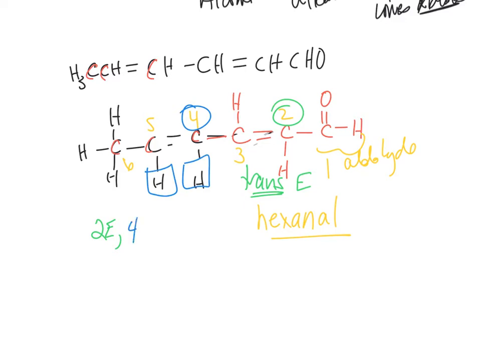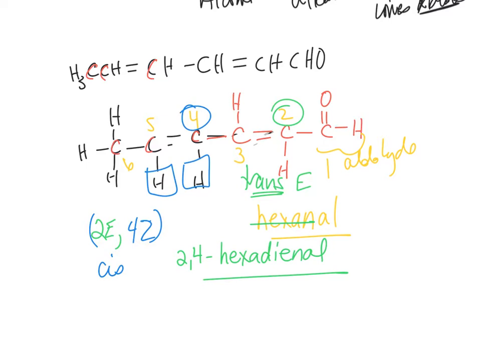So this is 4 cis, and cis is Z. Put those in parentheses. And then you would have to change the name here, 2,4-hexadienal. And this would be your name. Now keep in mind, you do have multiple choice, so that'll help you out too.